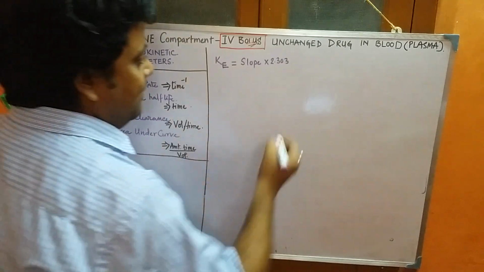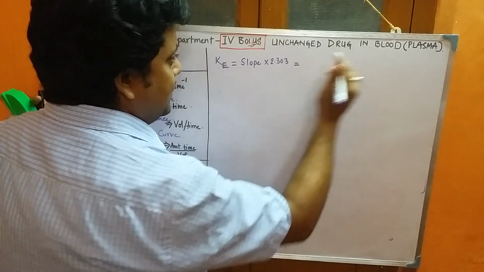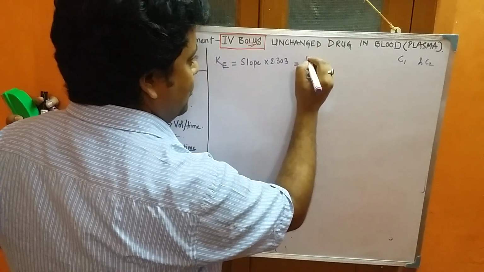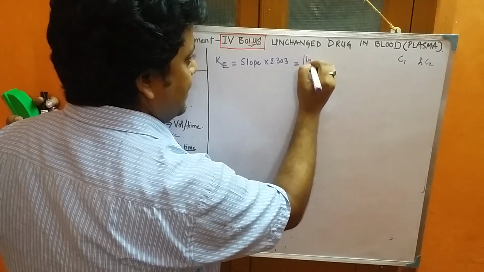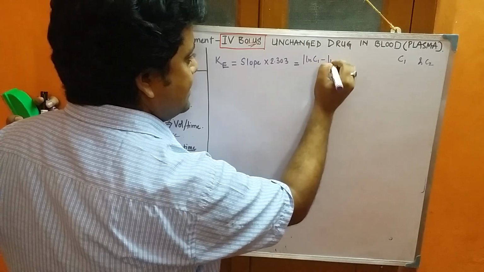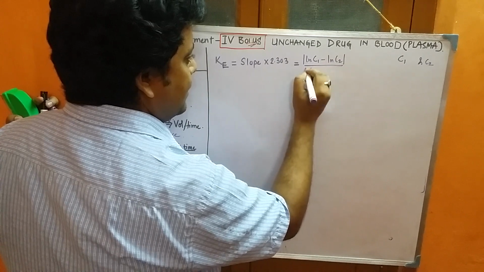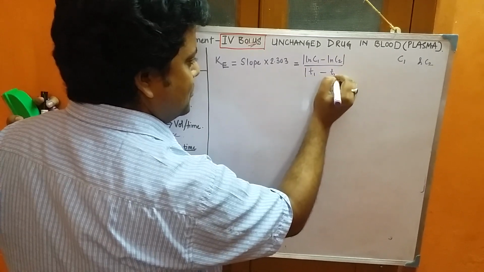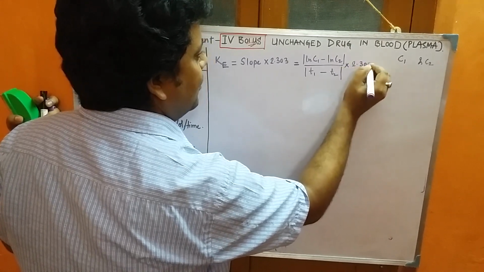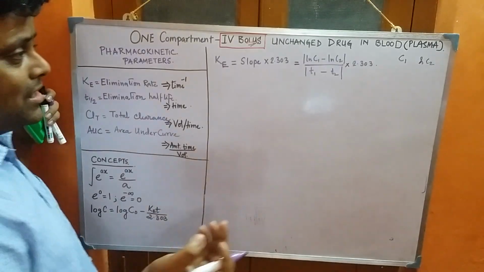So if we consider two concentrations, let it be C1 and C2, we can write Ke equals C1 minus C2 divided by T1 minus T2 into 2.303. This is the easiest way. You need two concentrations and you can derive it.